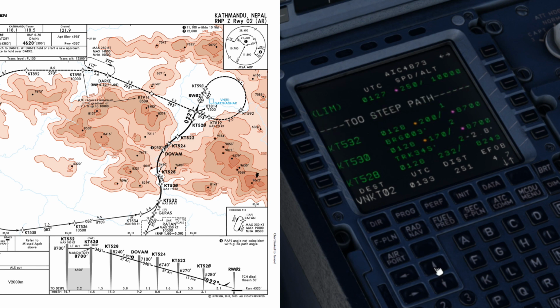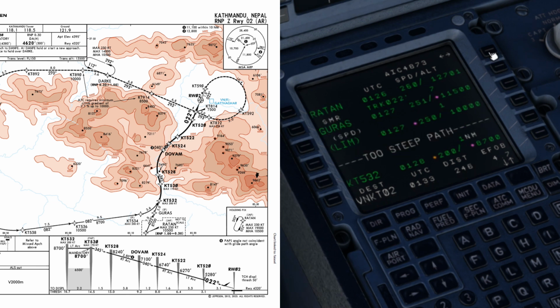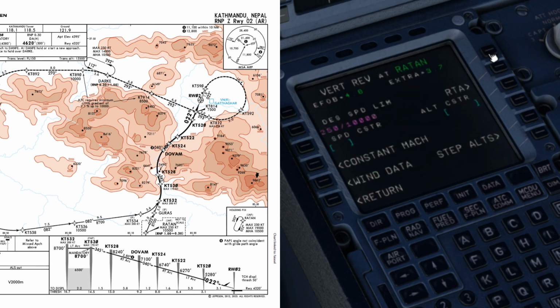Just have a quick look. We will check again our chart here at Triton. Our maximum speed should be 250. Set this to 509, 10,500 or above. So 10,000 plus. 10,500.